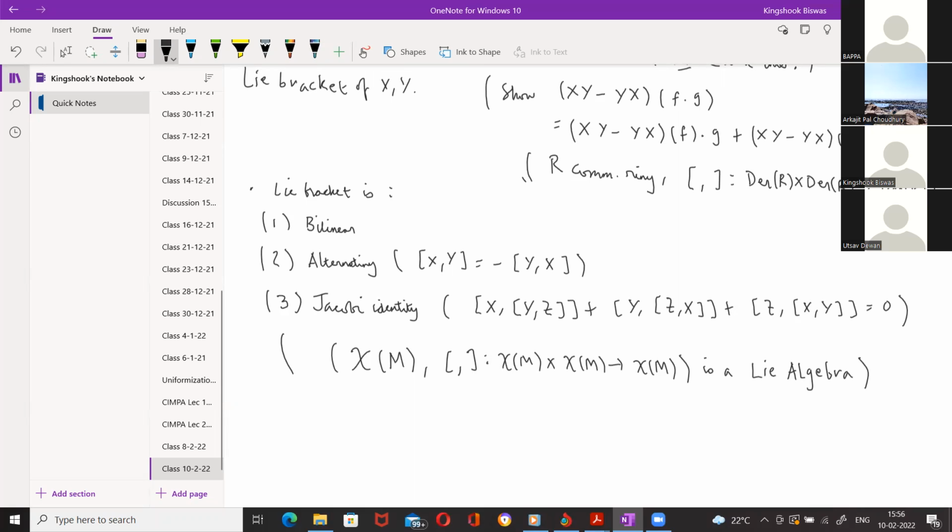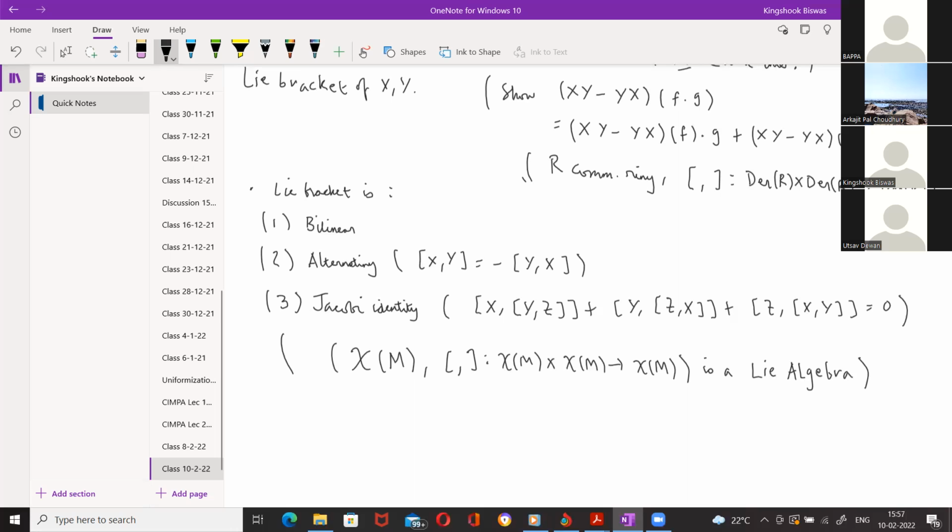So the tangent space to the identity will be the kernel of the derivative of the determinant. And the derivative of the determinant at the identity is the trace. Therefore the Lie algebra, the tangent space to the special linear group, will be the matrices with trace 0. Is this clear?